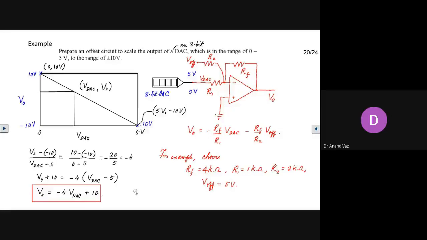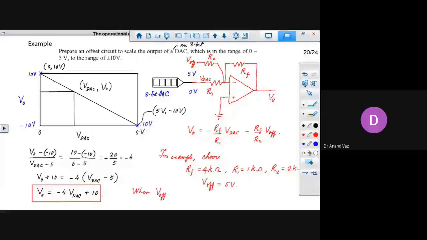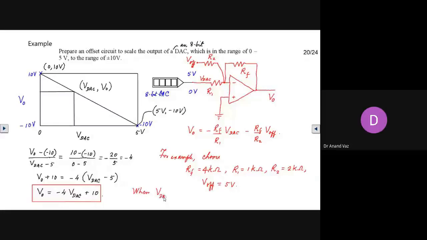So when VDAC is equal to 0, you will have minus 4 divided by 2, that is 2, multiplied by 5. So here you will have minus 10 volts.